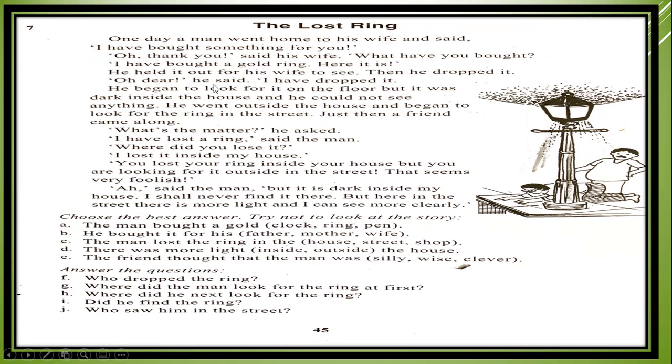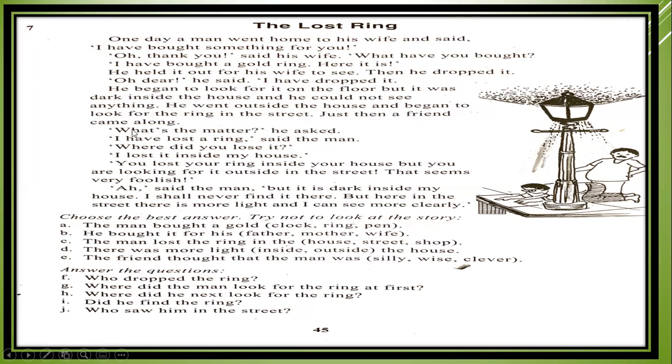He held it out for his wife to see. Then he dropped it. Oh dear, he said, I have dropped it. He began to look for it on the floor, but it was dark inside the house, and he could not see anything. He went outside the house and began to look for the ring in the street.